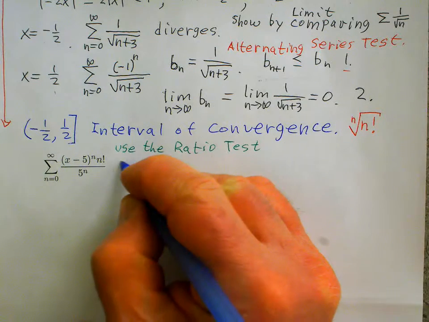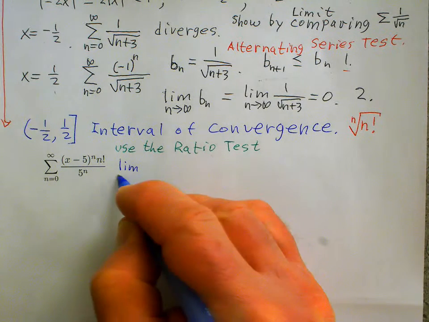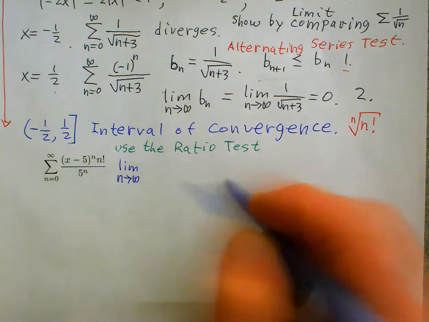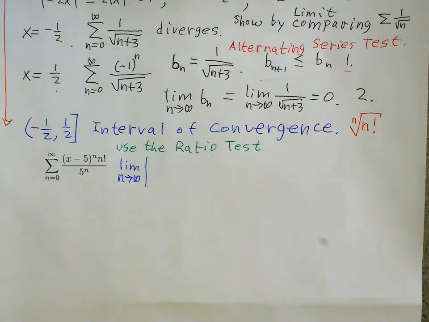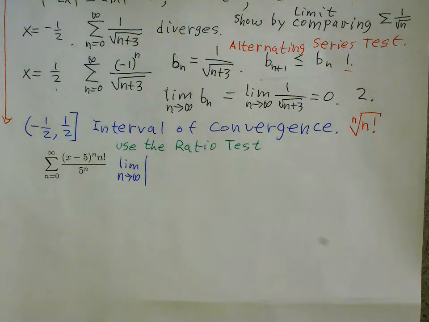Okay, so the limit as n approaches infinity of the absolute value of the n plus first term divided by the nth term, or equivalently, the product of the n plus first term and the reciprocal of the nth term.